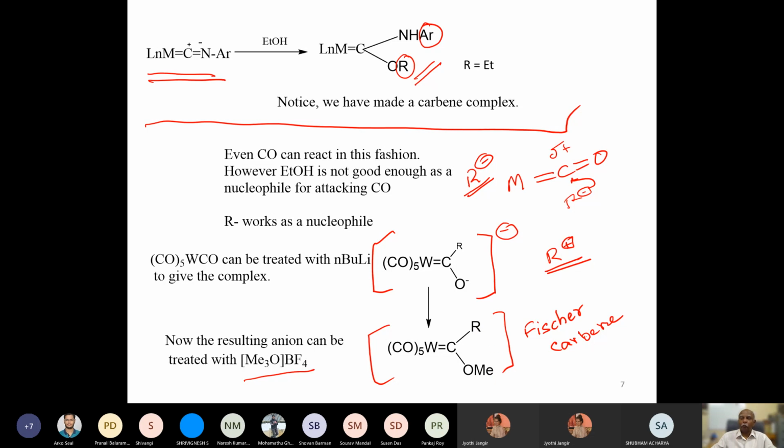So now we have two carbene complexes in this slide, which are similar to carbon monoxide in the sense that they do have a vacant p orbital on the carbon, can accept electron density, and that vacant p orbital unfortunately will have competition from donation of electron density from the oxygen, donation of electron density from the nitrogen.